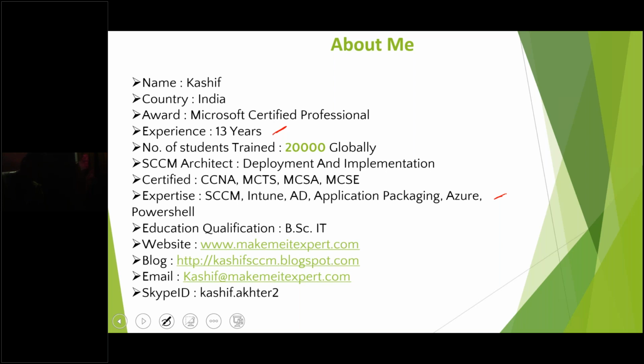I completed my graduation from Mumbai University, and after that, I started working in IT. I started working as an IT support engineer. Then I moved into the SCCM level 1, level 2, level 3 team. Now I'm working as an SCCM architect, wherein I have to implement SCCM in companies.